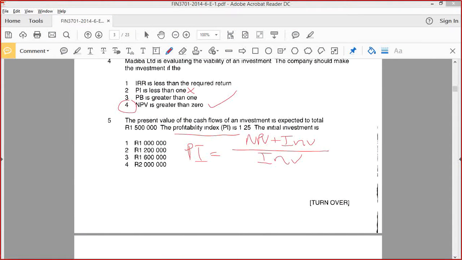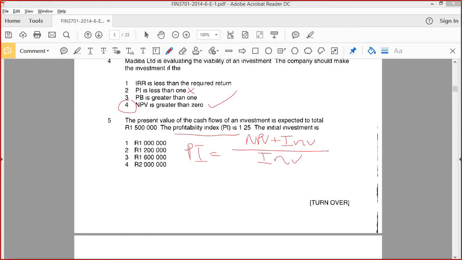Okay, wrong set of notes. The other one. Yeah, it was on 2015. Yeah, I've got minus INV.